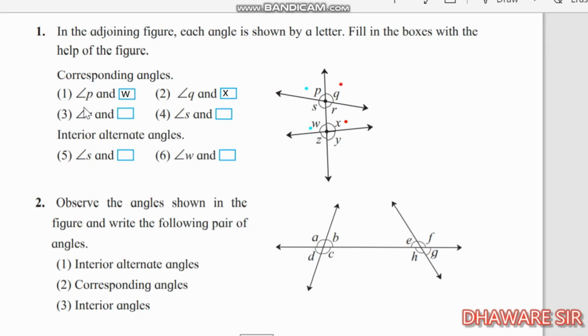For the third corresponding angle, let us see. Here is the angle R. Now we are changing the color.